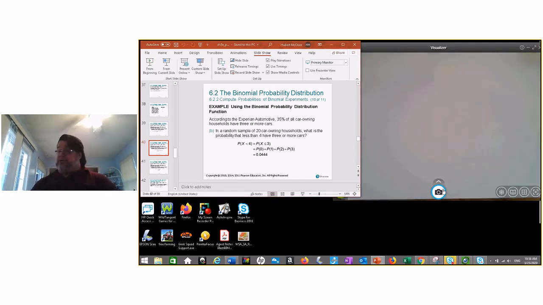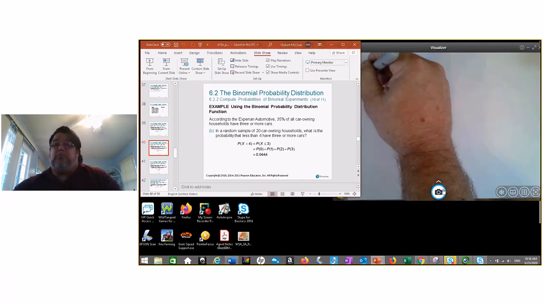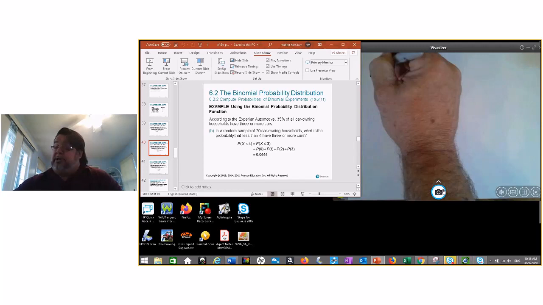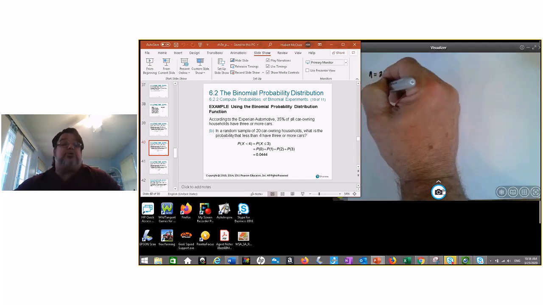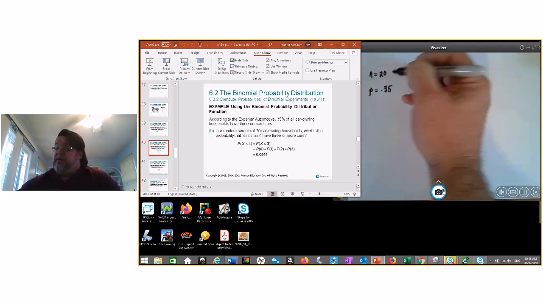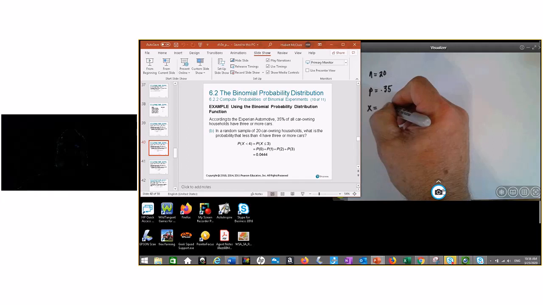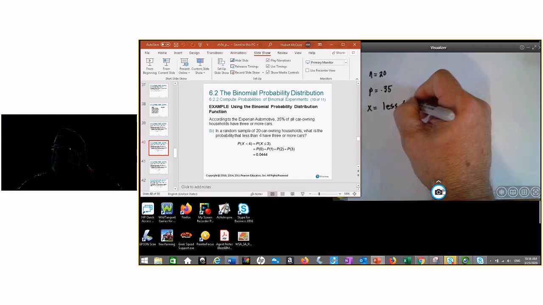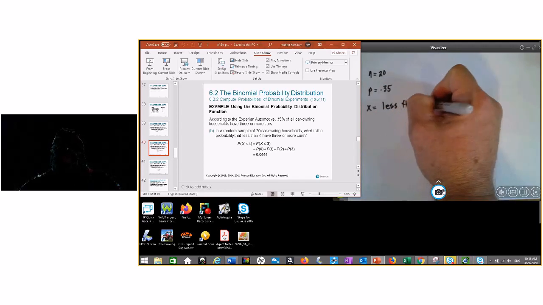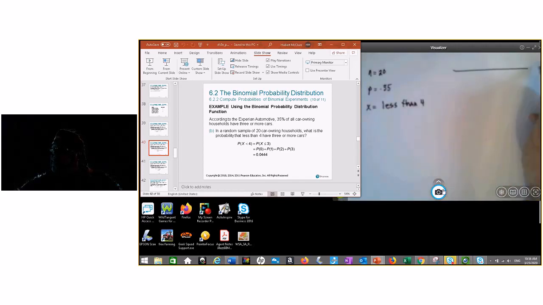So, we still got n is equal to 20. P is equal to 0.35. And x is equal to, and I'm going to put right here, less than 4. So you draw your number line.